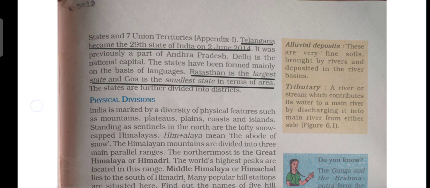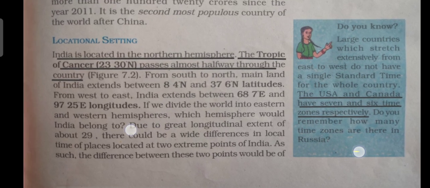Now here children, on the first page you have this Do You Know. Large countries which stretch extensively from west to east do not have a single standard time for the whole country. The USA and Canada have 7 and 6 time zones respectively.